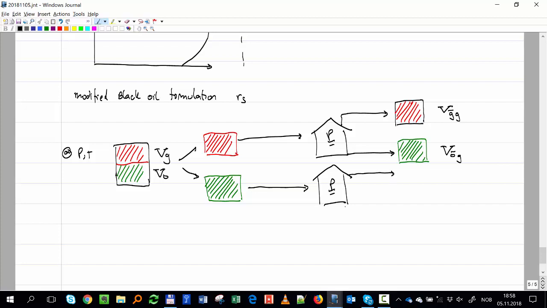And then from the oil, I'm going to get again two more products: the volume of gas that comes from oil, and the oil that comes from oil.